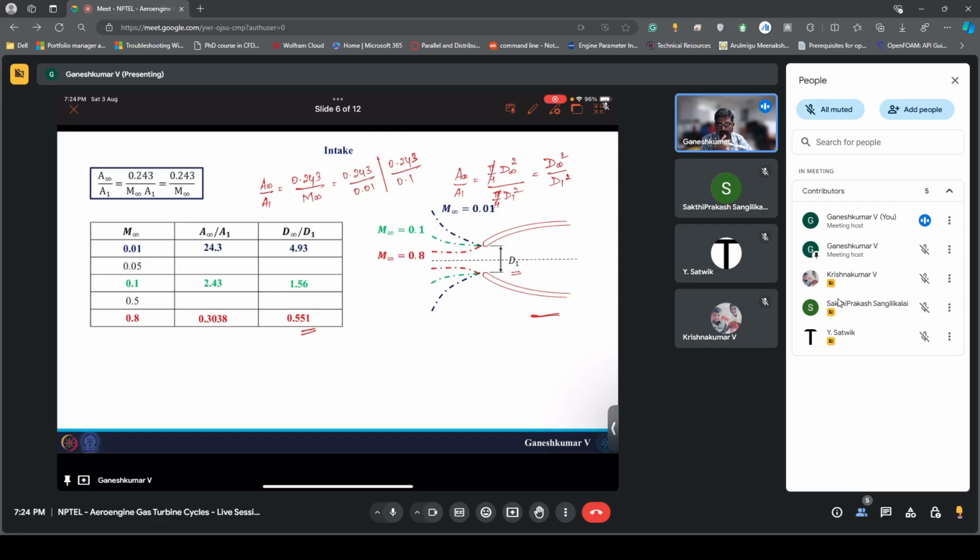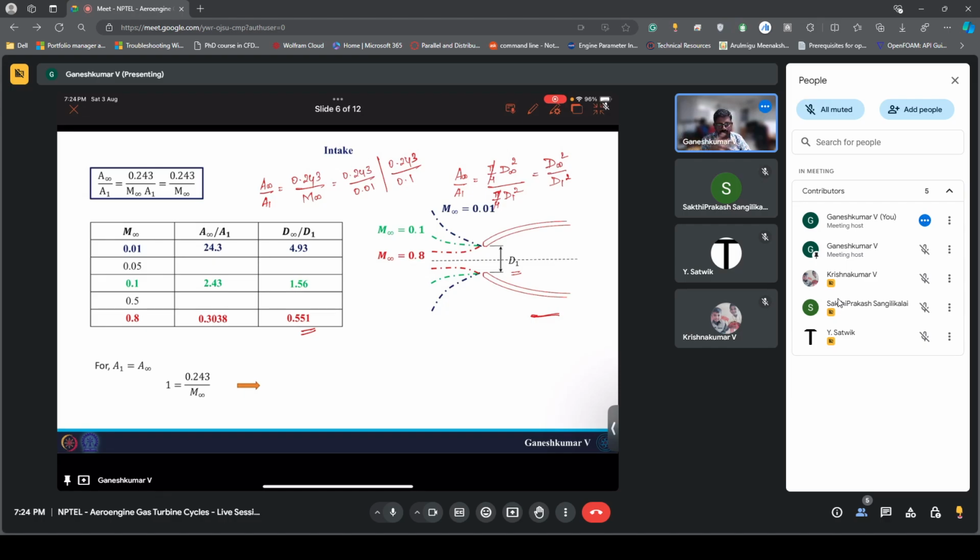And the final thing we need to calculate is for what Mach number, or for what flight speed, the capture area and the intake diameter will remain the same. For that, what would you do? You just need to make A infinity by A1 equal to 1.